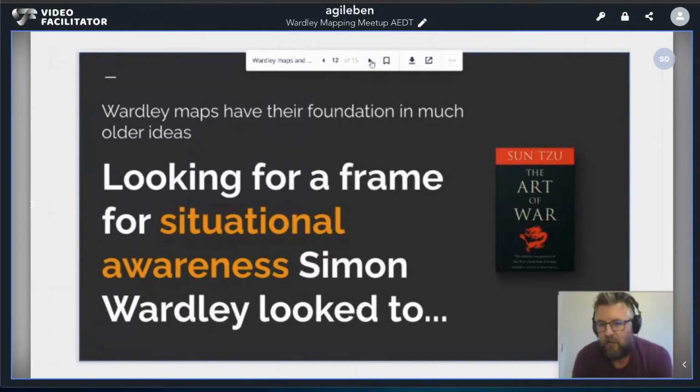And The Art of War talks about ideas of understanding the landscape. In this particular case, it was talking about a map and where different military units may be positioned. But he reapplied that idea back to the business context.